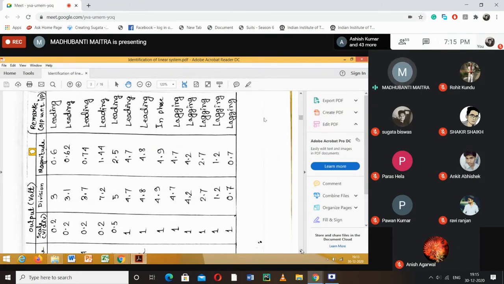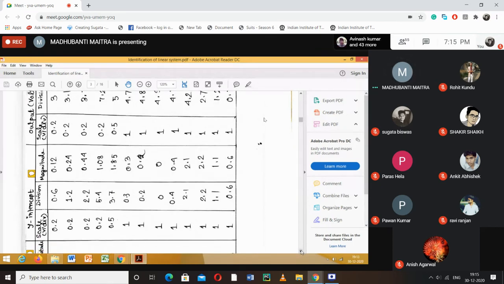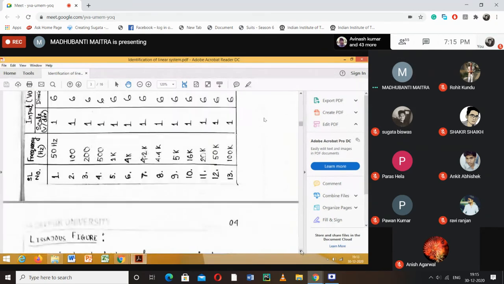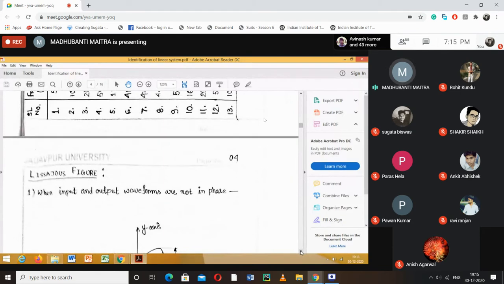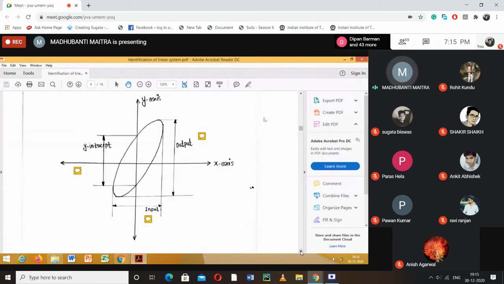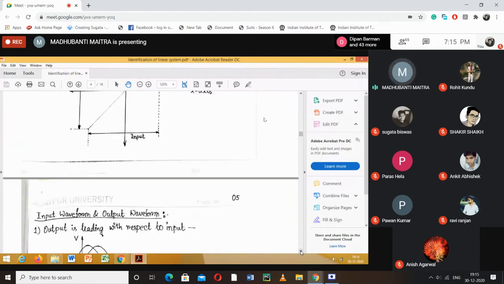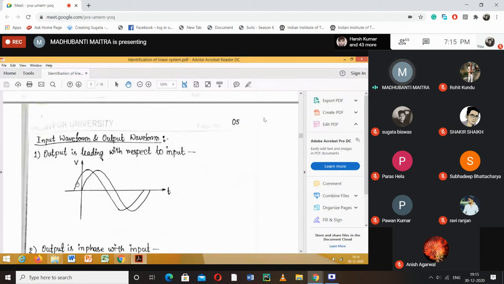We can check that by changing the mode of the oscilloscope from XY to normal mode and observing the two signals, since we know in which channel which signal is given. So for 50 hertz, this is the output signal and this is the input signal. Okay, so we can verify, yes, the output is actually leading the input.